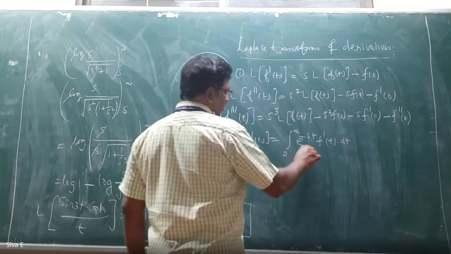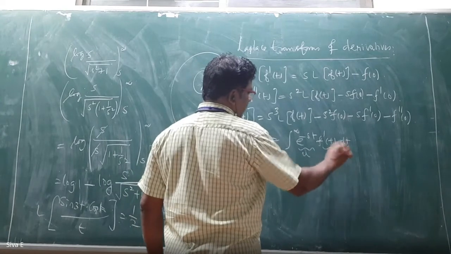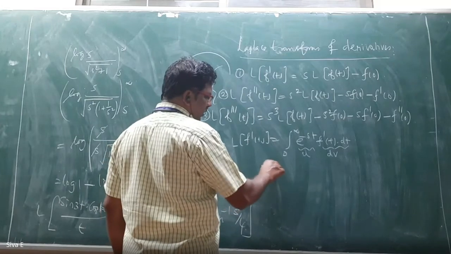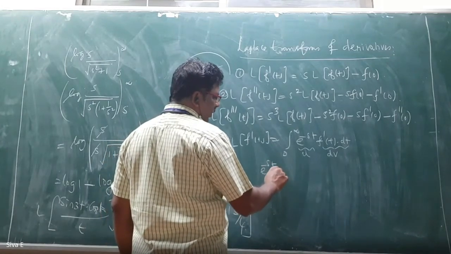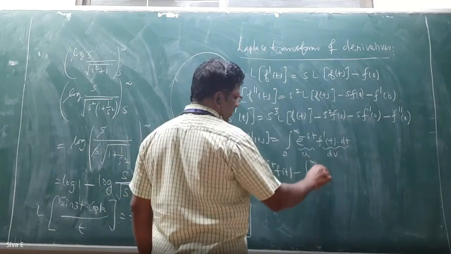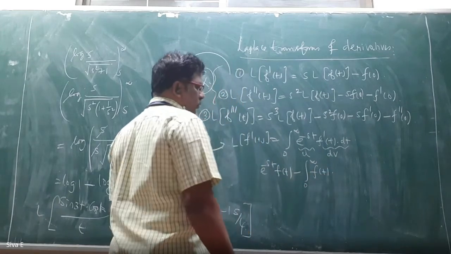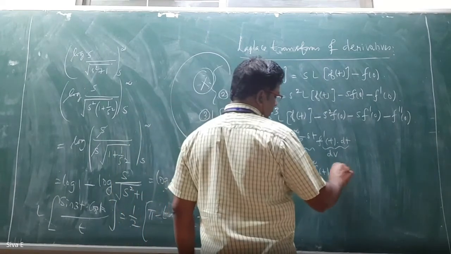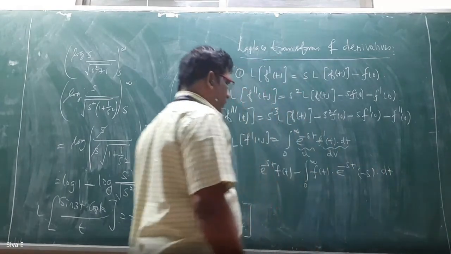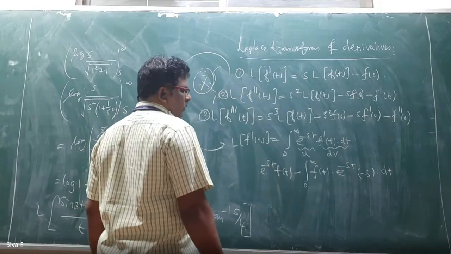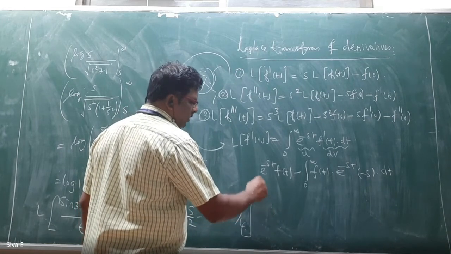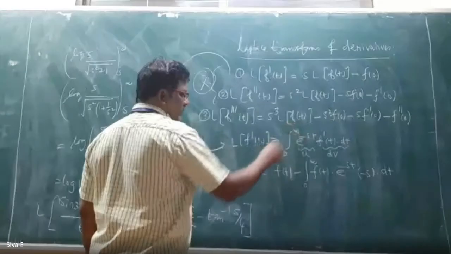Take this as u, this as dv. u is e power minus st, v is f of t, minus integral over 0 to infinity, v is f of t, du is e power minus st into minus s dt.